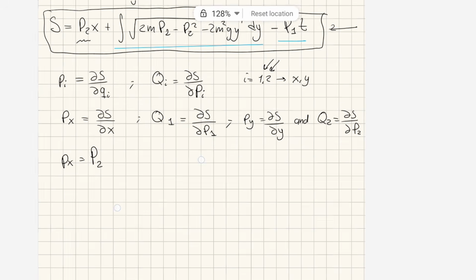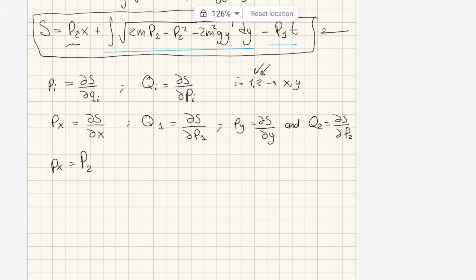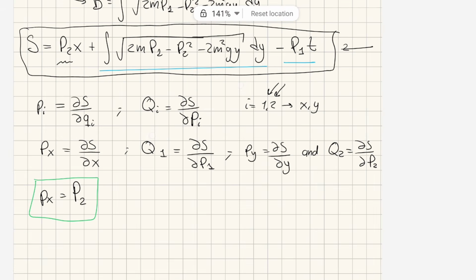Perfect. So what happens with, for example, py? Py is going to be the partial of s with respect to y. This one does not depend on y, and this one does not depend on y. So we just need to take the partial derivative with respect to y of this element that we have here.